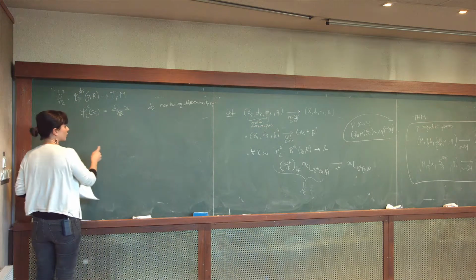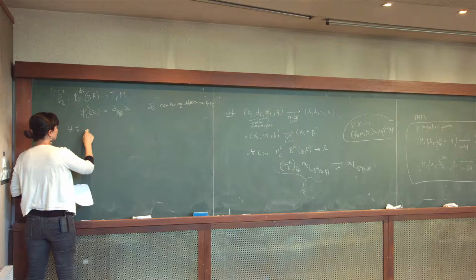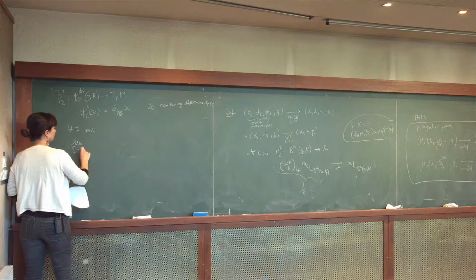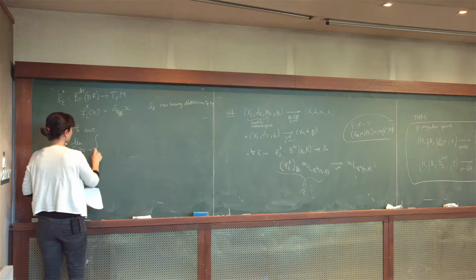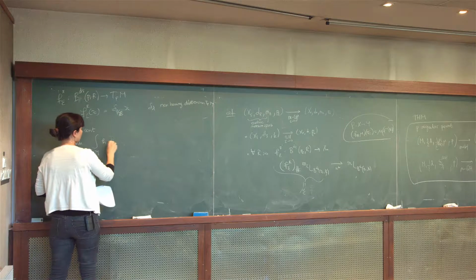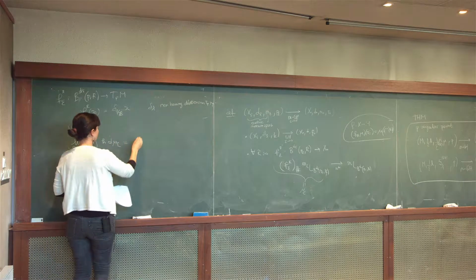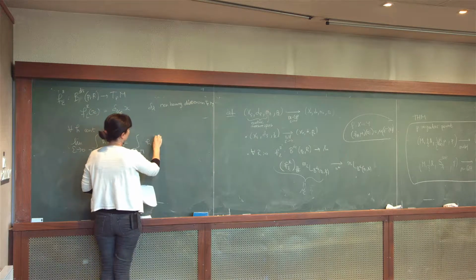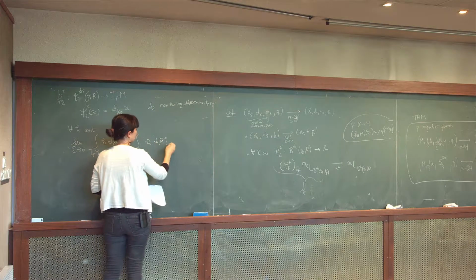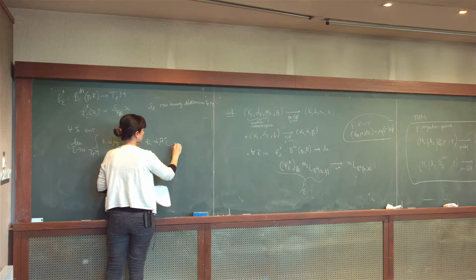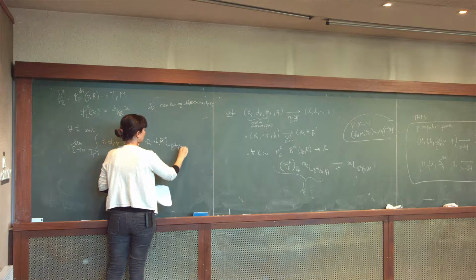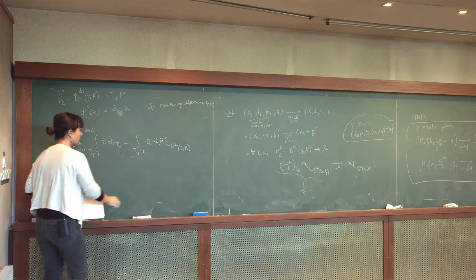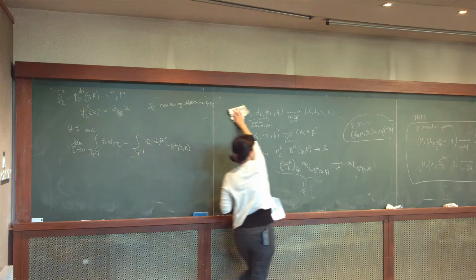I need to prove weak convergence, which means that for every continuous function h, the limit for epsilon going to 0 of the integral over the tangent space of h d mu epsilon equals the integral over the tangent space of h d mu hat p restricted to the ball. So how can we do this?